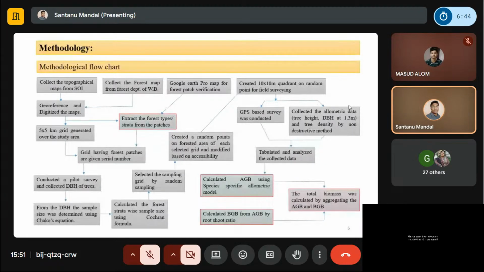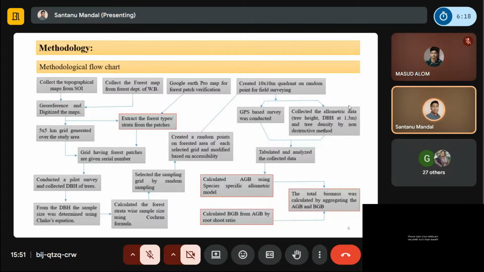Next, we extracted the forest data: dense forest, fairly dense forest, and open forest, using random sampling, and representative grids were selected. In each selected grid, random sampling points were generated using QGIS software and modified according to accessibility.